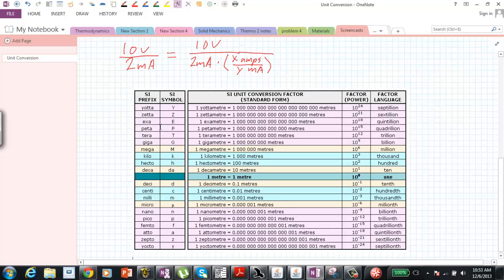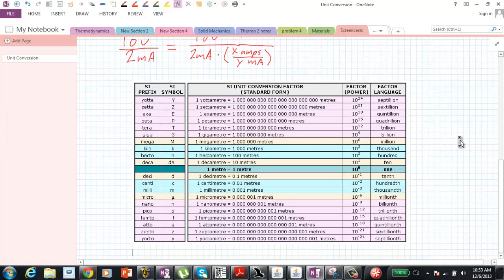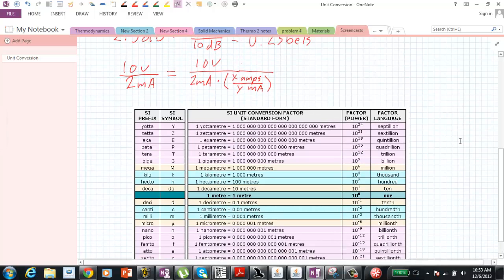So this is a table, and I'll include the link in the description. But this here not only gives you all the units and the prefixes, so you can appropriately find your multiplication factor. And here we see we're looking at milli, so it's the M, and we know that that's 10 to the negative third.